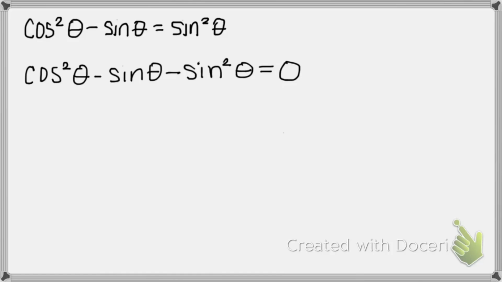Like if I had sine squared theta equals, let's go 2, equals 1, and then maybe a 2 here, plus 2, something like that. So there, I don't need to set this equal to 0.